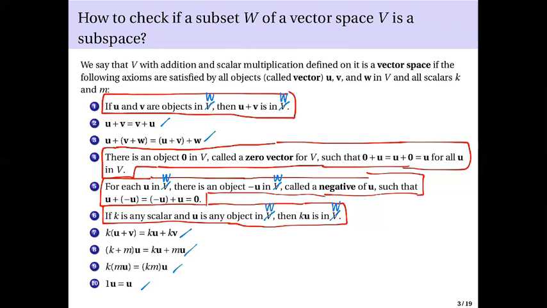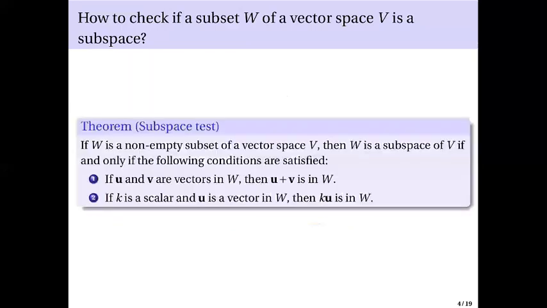The question is, do we really need to verify all of these 4? This theorem tells us that we only actually need to verify 2 of them: the closure under addition and the closure under scalar multiplication.